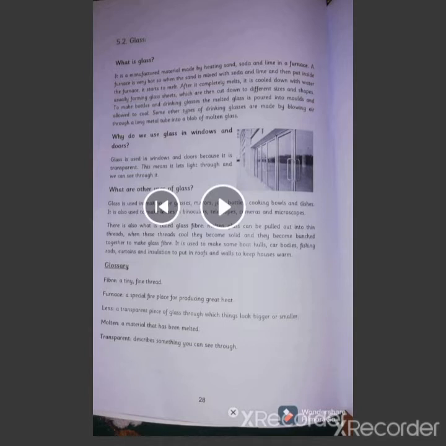So basically, glass fiber is another type of glass that is actually glass that was pulled into threads. And these threads, after they become solid, we take them and put them all together and make what we call glass fiber. These types of glass are kind of different. We use them for different things.